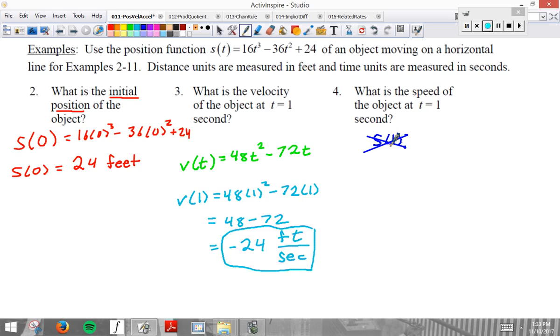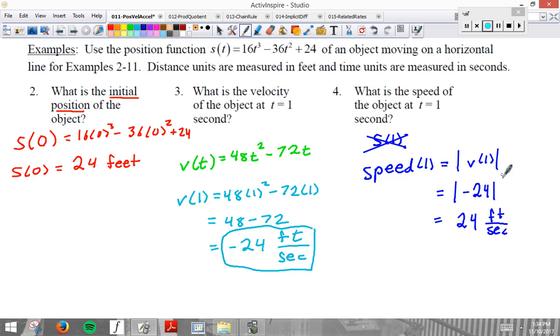Instead, we're going to usually use a sloppy notation, speed of 1 will equal the absolute value of the velocity at time 1. Because speed is the absolute value of velocity. So it'll be the absolute value of negative 24, which is just positive 24 feet per second. Nothing's happened. We just took the absolute value, so the units for speed are going to be the same as units of velocity, but we're just ignoring the sign.